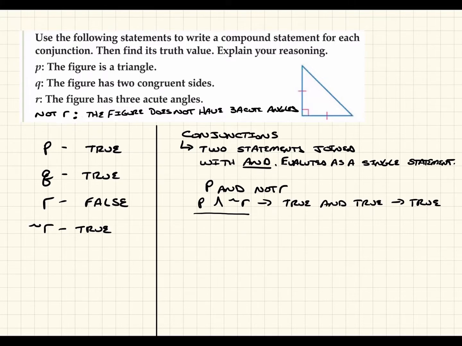All right, well, statement P is true, because the statement is the figure is a triangle. Not R, the negation of R, is also true because the figure does not have three acute angles.